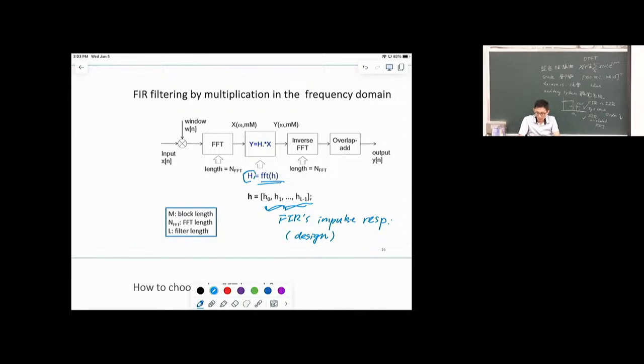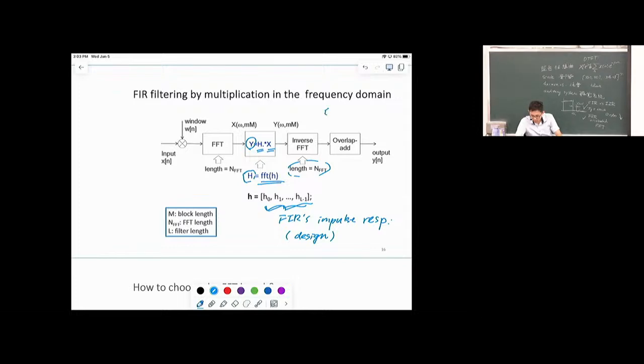Next, perform sample-wise multiplication of your input spectrum with the Fourier transform of the impulse response, and call the result y. So we are performing multiplication in the frequency domain right here, using MATLAB notation. And then y is also a vector, right? Perform inverse Fourier transform to go back to the time domain here.